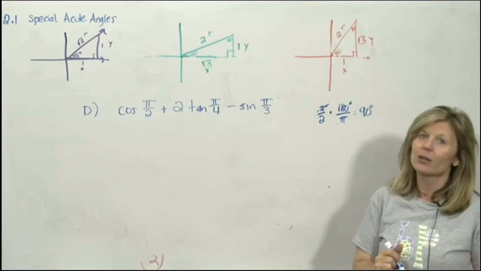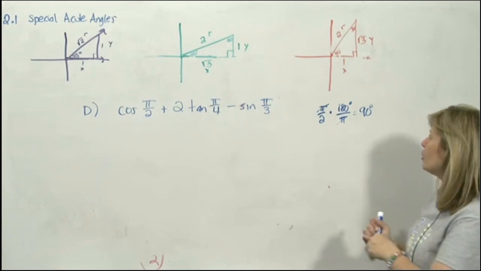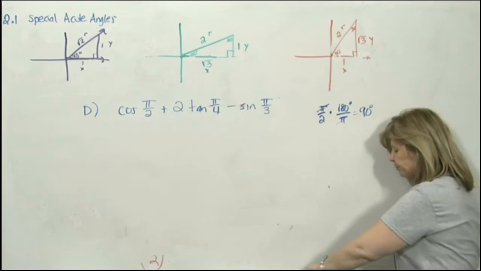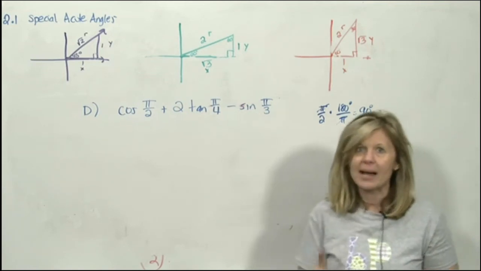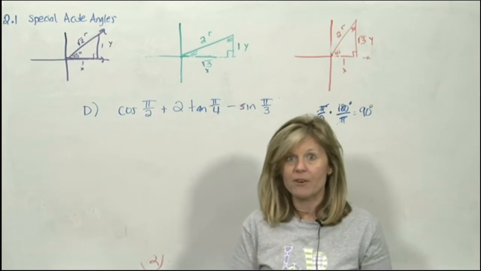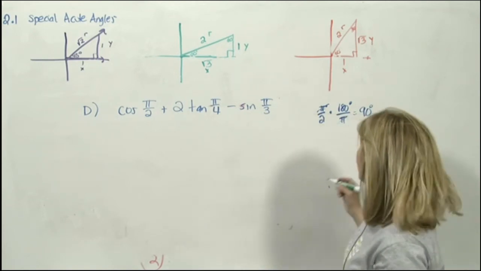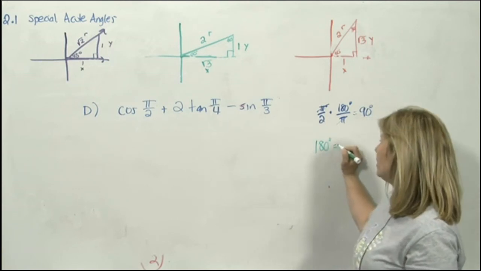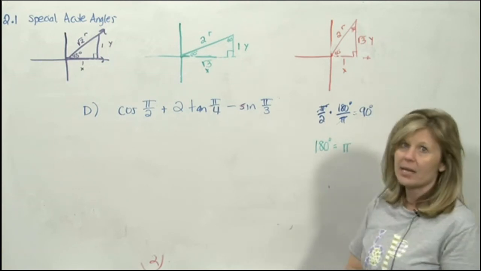Now, let me show you all a trick. Now that you know the actual conversion, there's a quick way to do this. If you remember back in section 3.1 when we defined radian measure, we said if you had a straight angle which was 180 degrees, it equaled pi radians.